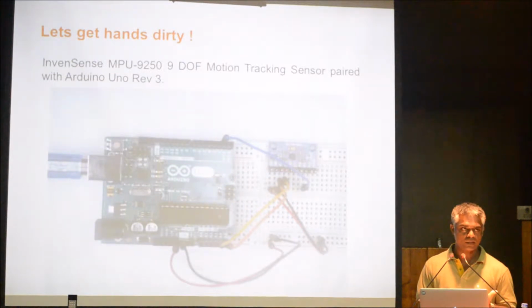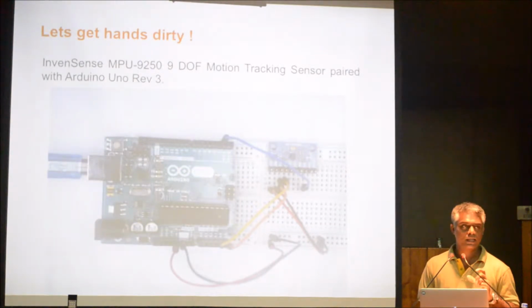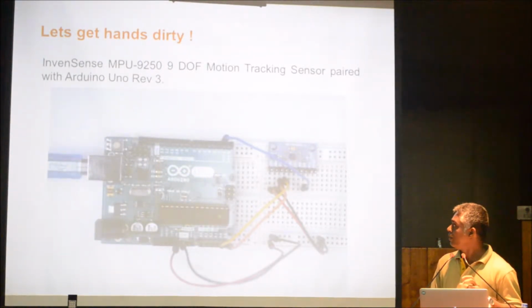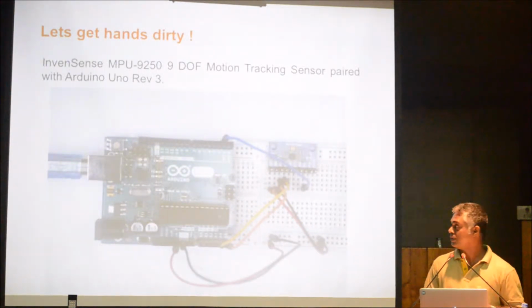One is the accelerometer, which has 3 axes, X, Y and Z. Again, it has a magnetometer, again 3 axes. And again, it has a gyroscope. So these are 3 sensors. That's why I'm calling this a 9 degrees of freedom sensor, because we have 9 values.